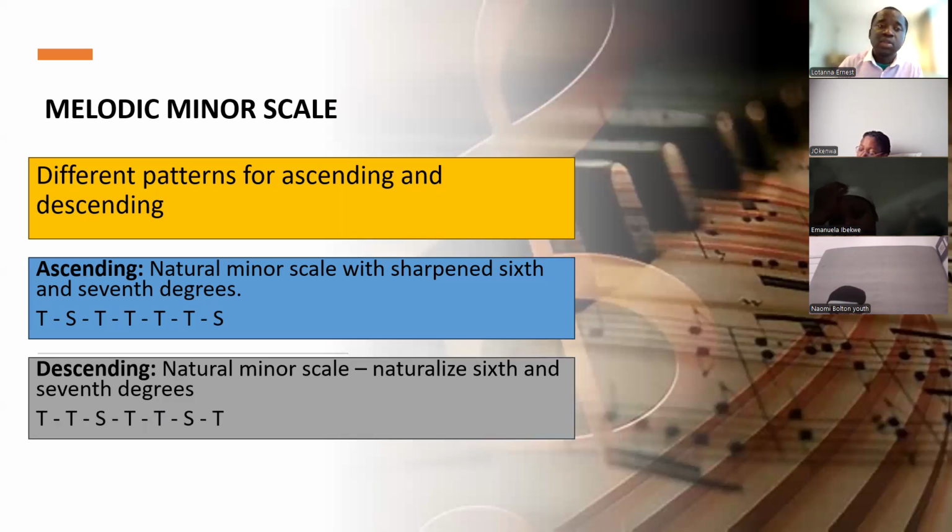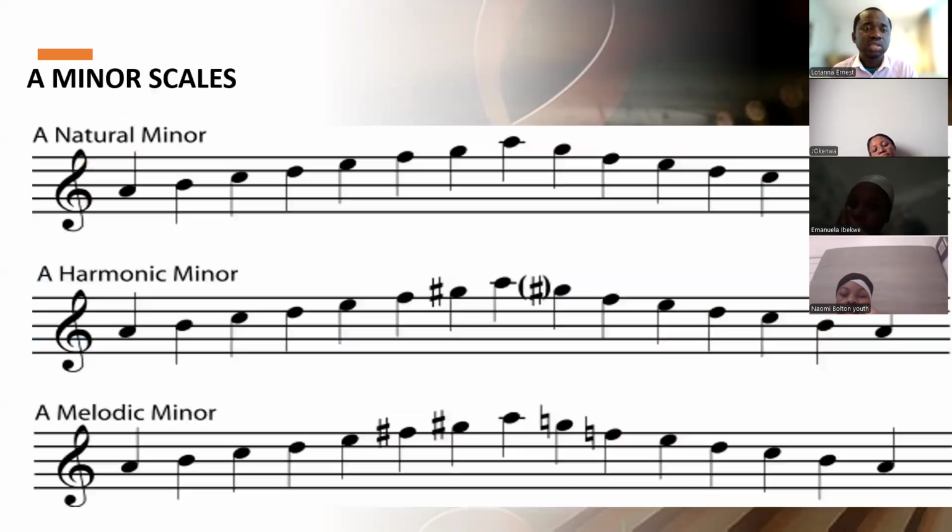All right. And that's all, so we've talked about natural, melodic, and harmonic. So next week, we're going to look in more detail at how to construct these using the key signature as well as accidentals like you did in your major scales. This is just an example of what I spoke about. If you look at A natural minor, for example, remember, A minor is relative to C major, am I right?